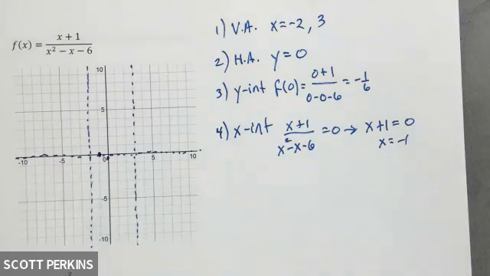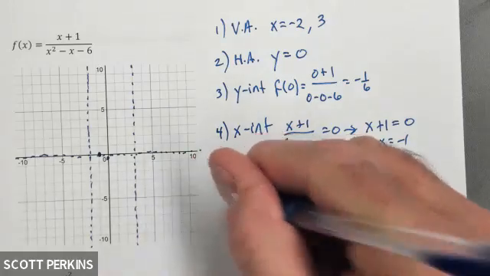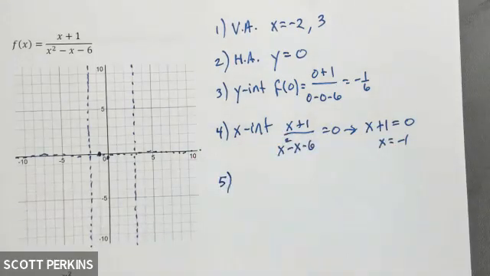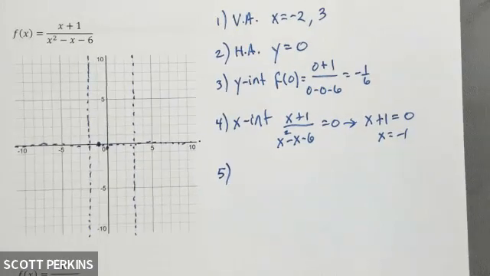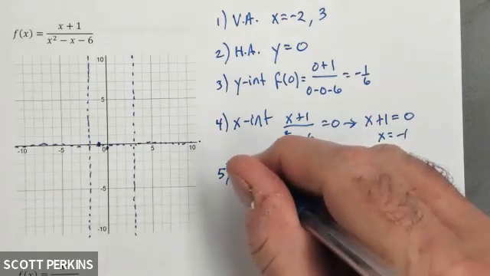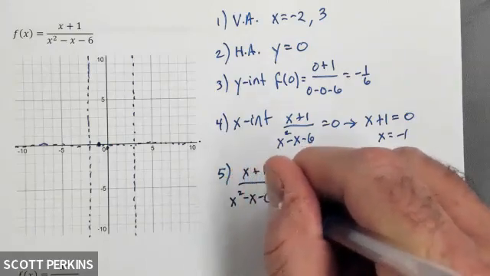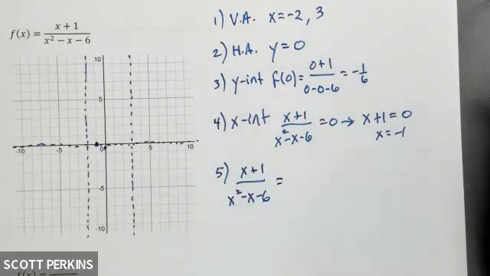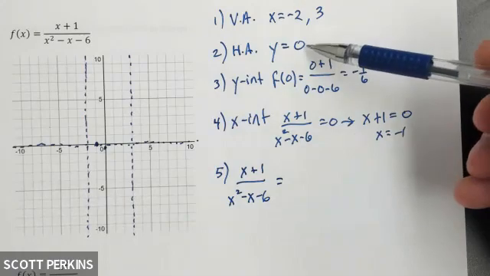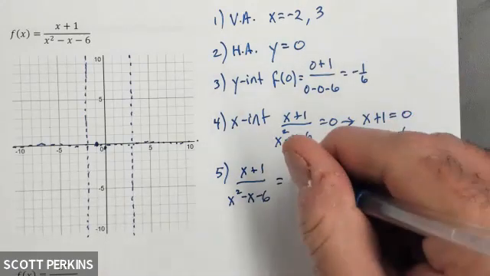Now we can see from what we just did on the graph that the answer to question 5 is yes, this one does go through the horizontal asymptote. But I'm going to go through the work because I want to make sure it doesn't happen anywhere else. So I'm going to take the x plus 1 over the x squared minus x minus 6. Does that equal my horizontal asymptote? Well, this time the horizontal asymptote is 0.